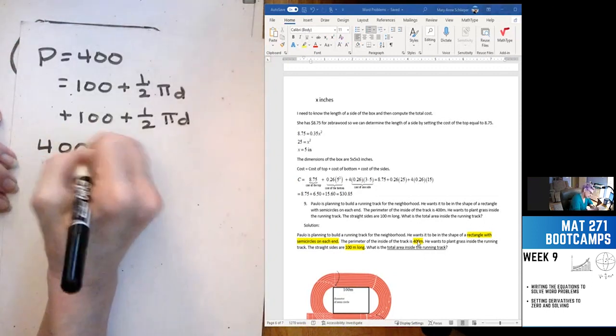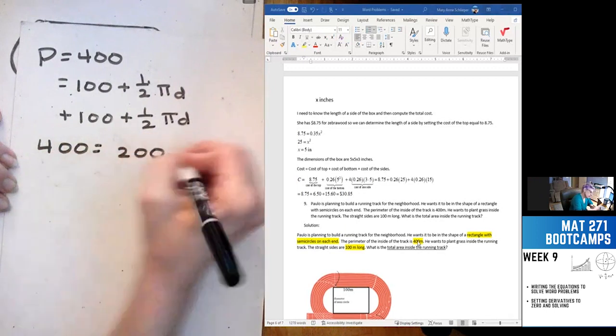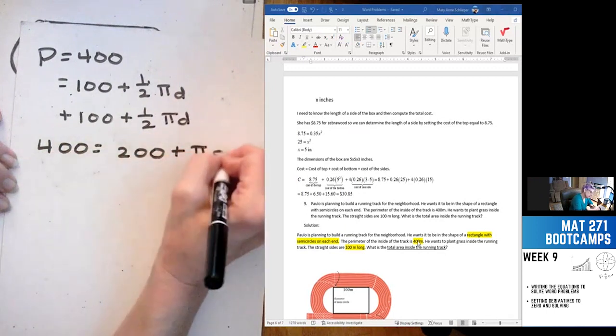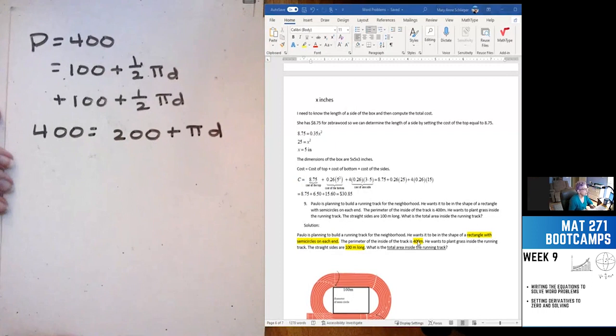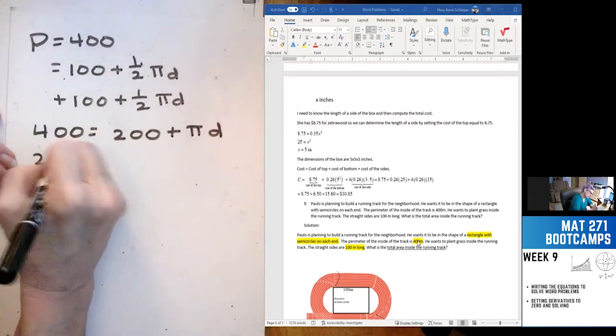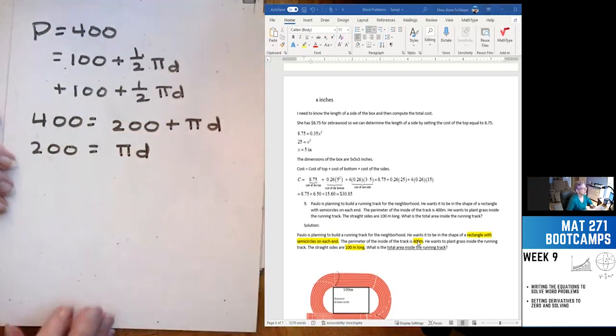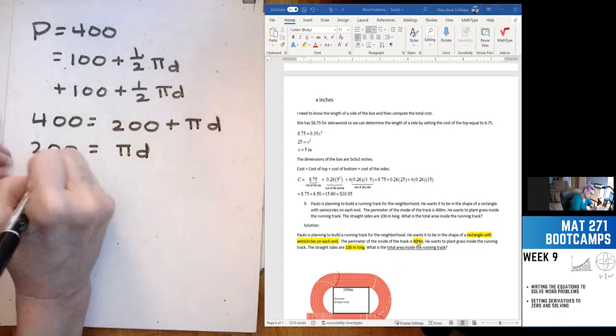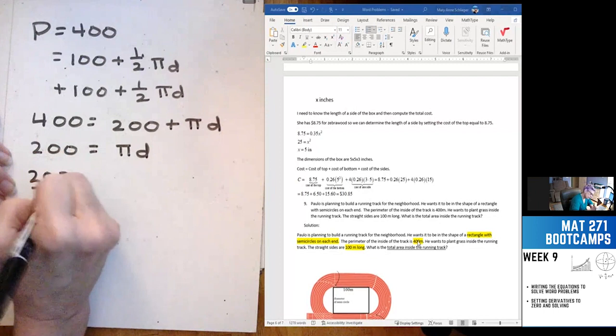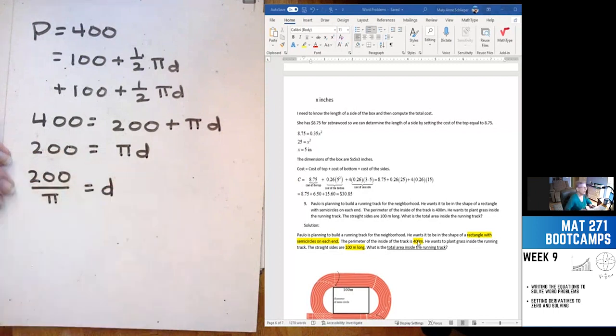So 400 has to be equal to 200 plus pi times the diameter. So 200 has to be equal to pi times the diameter. So 200 over pi has to be equal to my diameter.